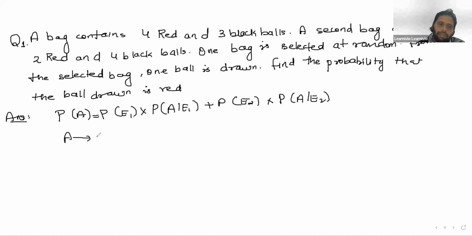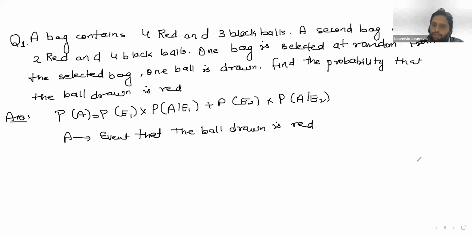So let A be the event that the ball drawn is red. Now this is event A. Now how will you reach here? First of all, you will select a bag.